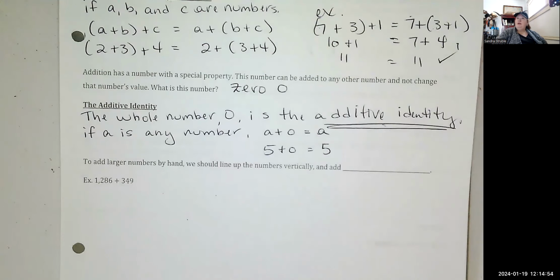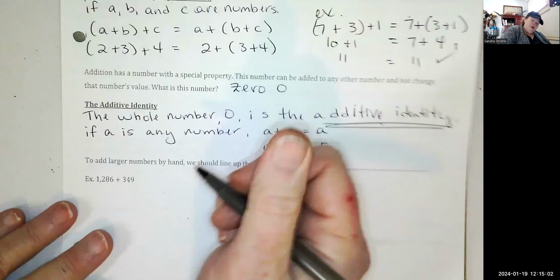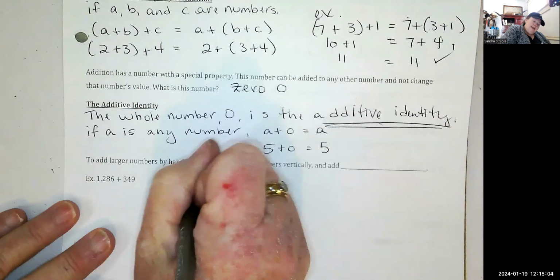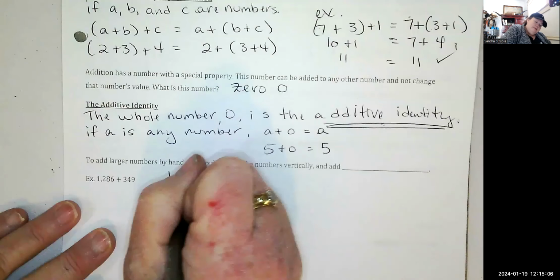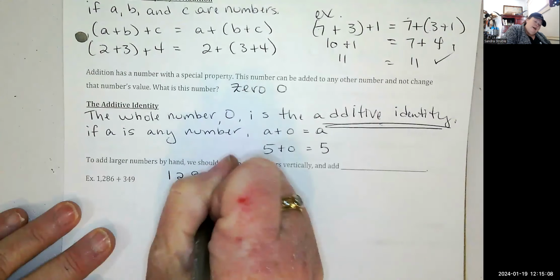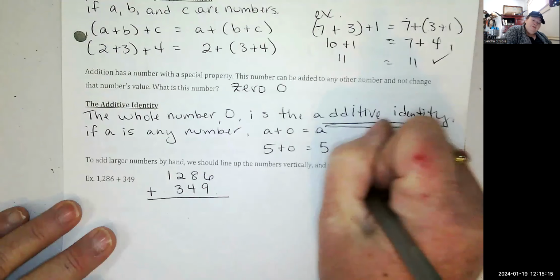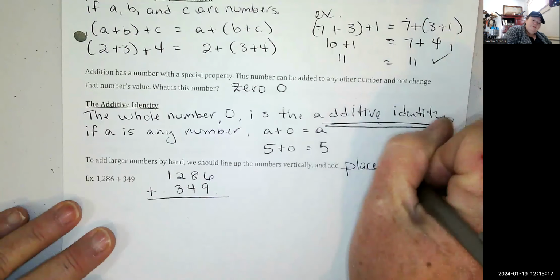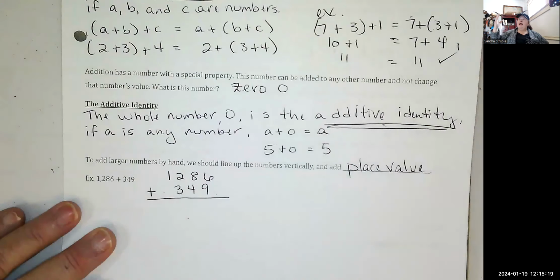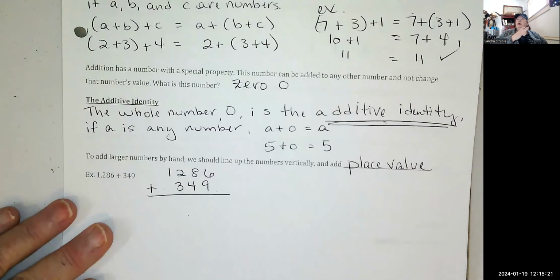To add larger numbers by hand without using a calculator, we should line them up vertically and add. Okay, so 1,286 added to 349. When you add, you add place value from right to left.